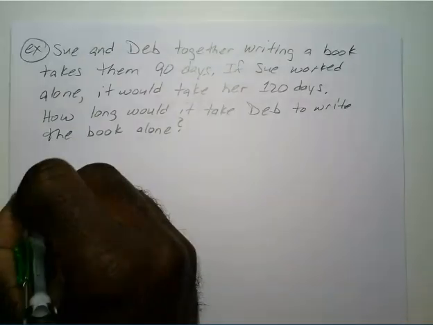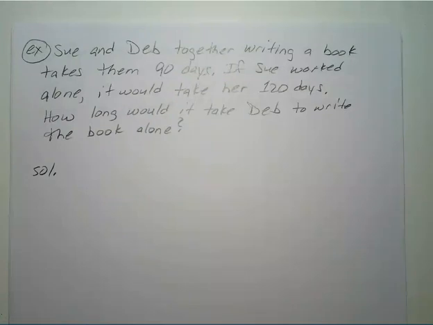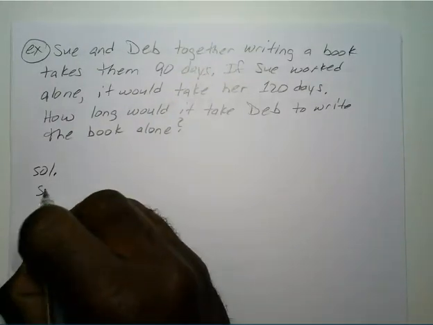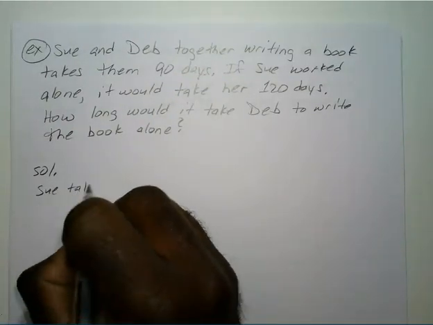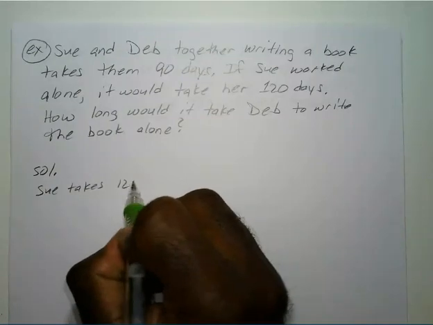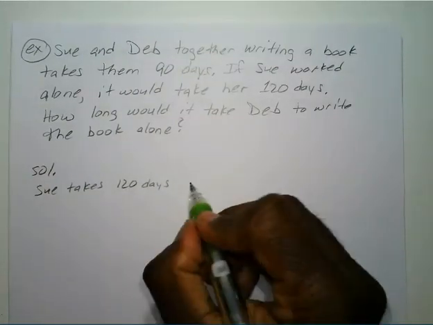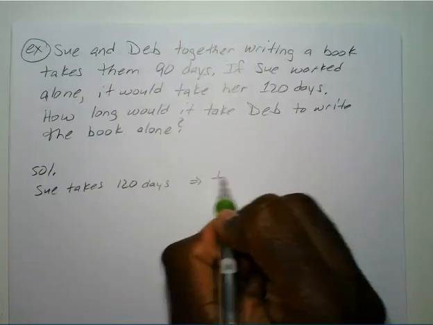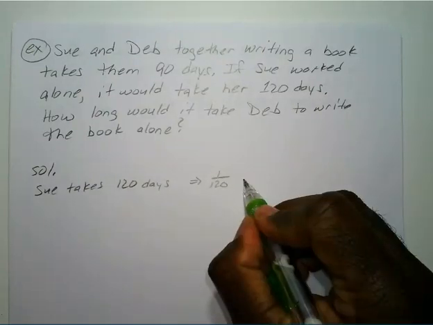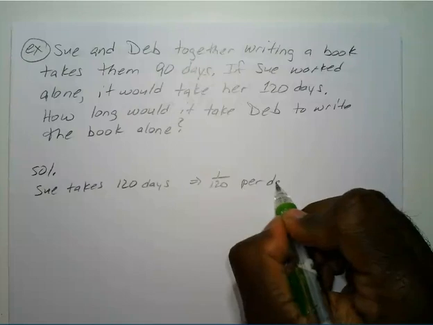Okay, so just like before, we know that if Sue takes 120 days, that means she's done with 1/120th of the book per day.